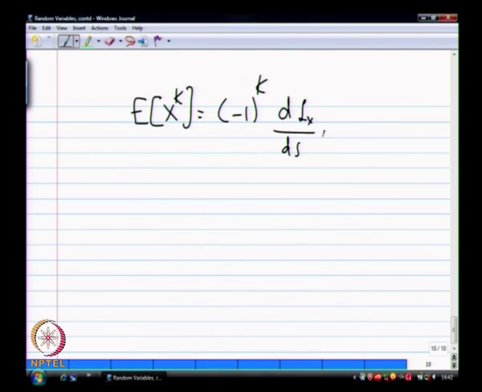Now your minus is always there, because when you go to the second derivative, I cannot drop the minus there. At s equals 0.